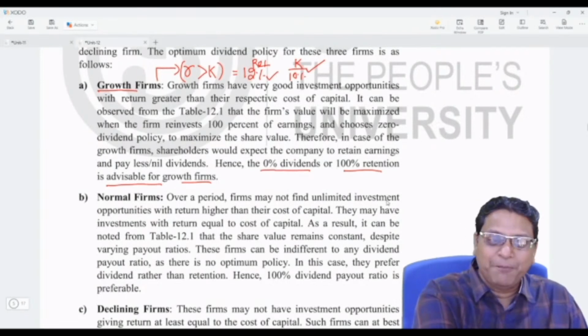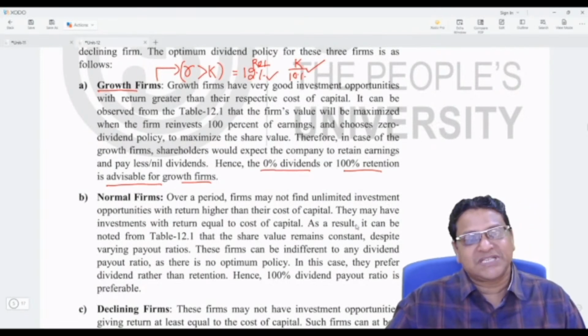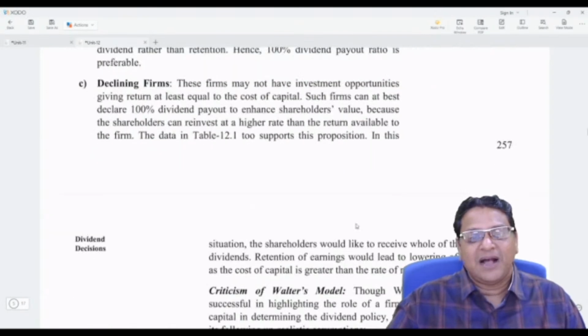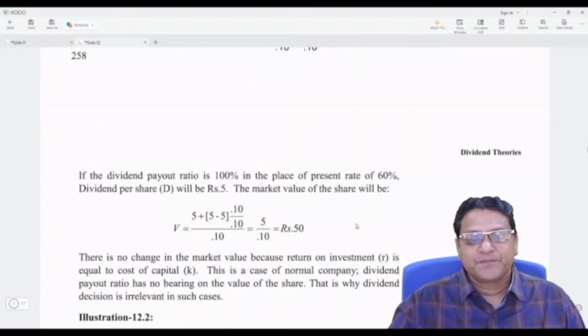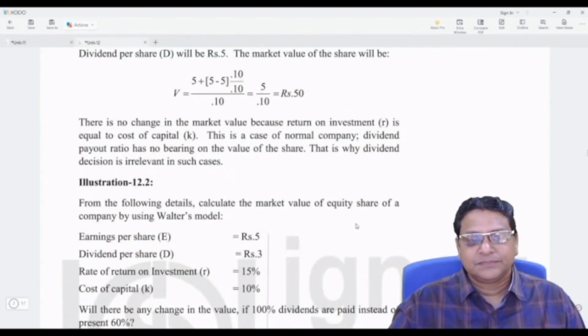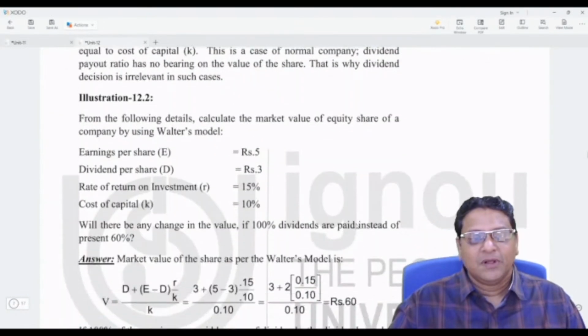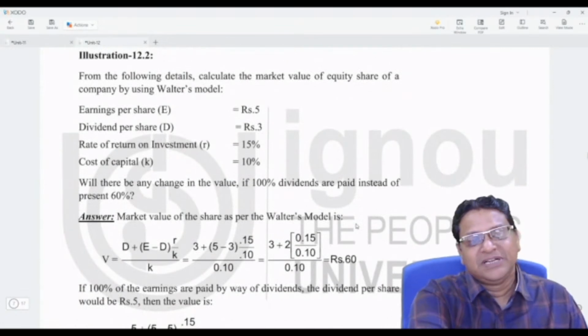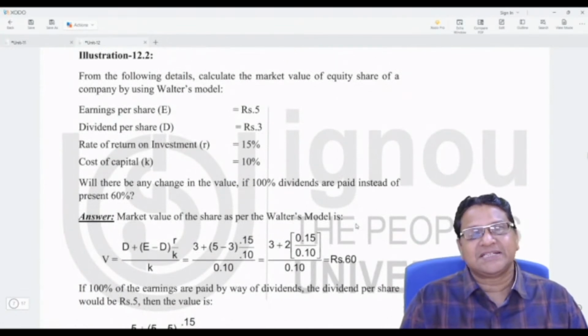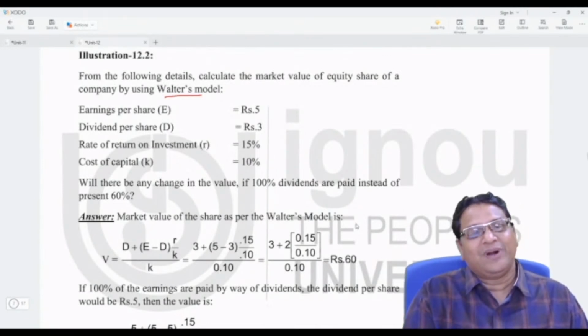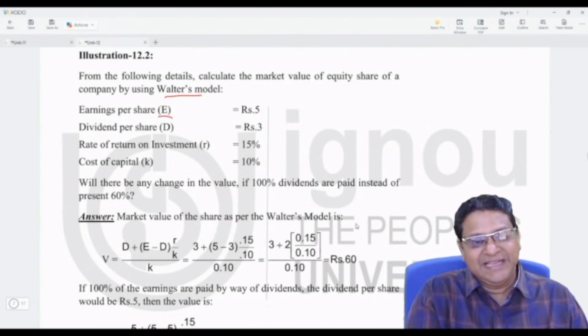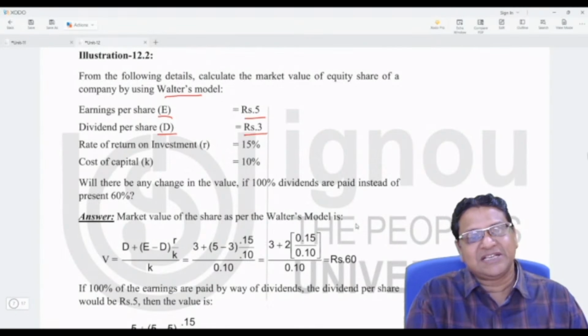Let's take an example and we will solve it. Following are the details. From the following details, calculate the market value of equity of a share of a company using Walter's model. What is the opening price per share? E is given as 5. Then what is the dividend per share? D is given as 3.